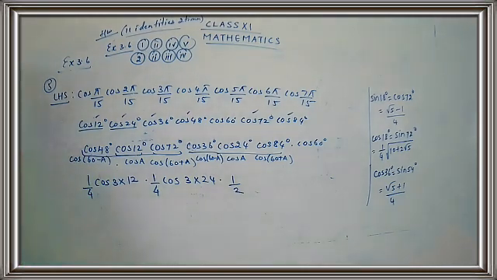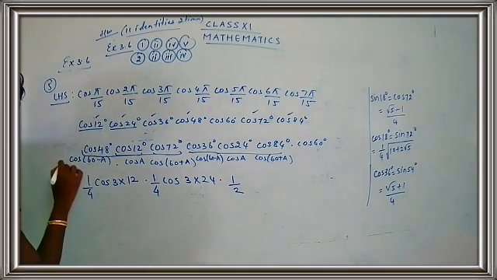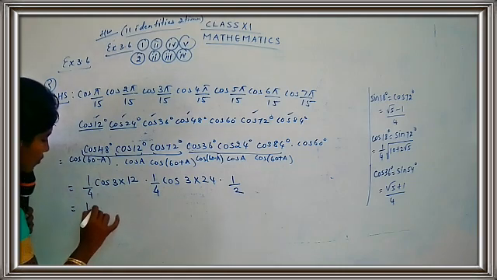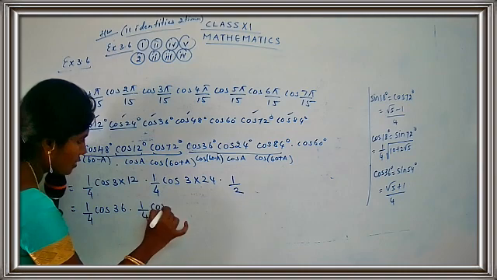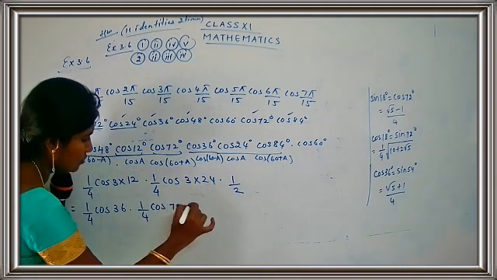So I get 1 by 4 cos 3 into 12, 1 by 4 cos 3 into 24 and 1 by 2. I am just going to write down the values. It's 1 by 4 cos 36, 1 by 4 cos 72 into half.